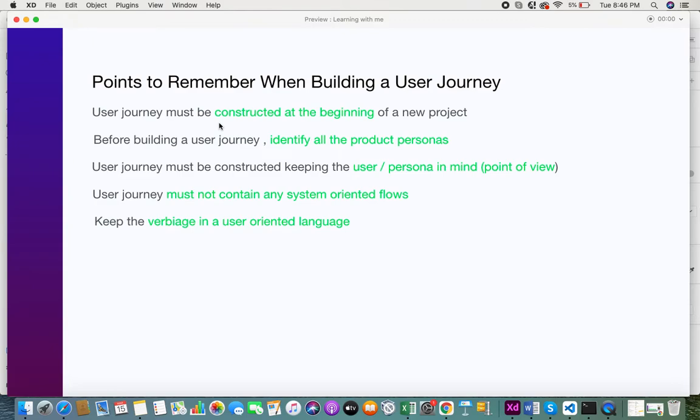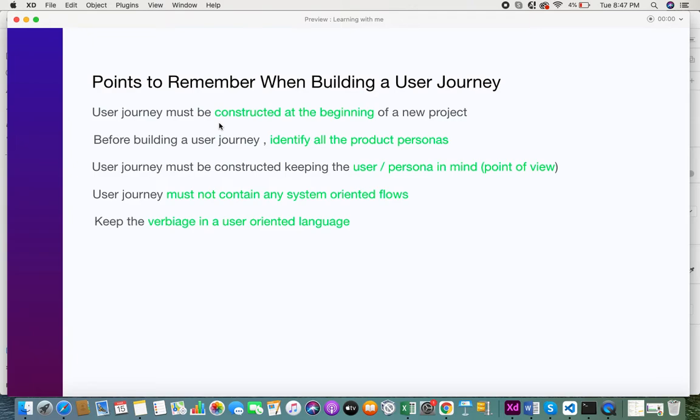It's not advised to do a user journey map somewhere in the middle or at the end of a project, because it's only through the user journey that you identify the flow of the user, how the user proceeds with every step. You come to identify all the steps that need to be completed for the user to achieve the goal.